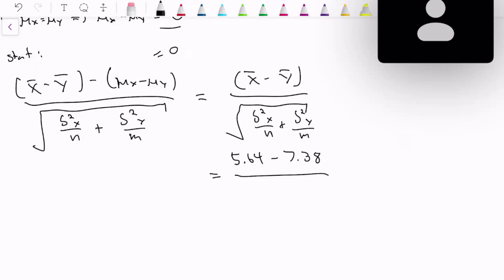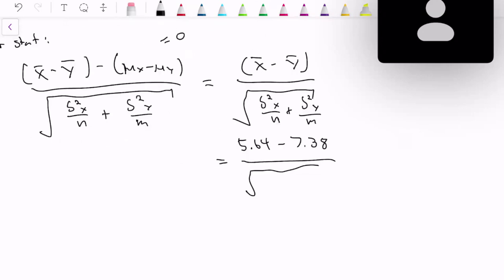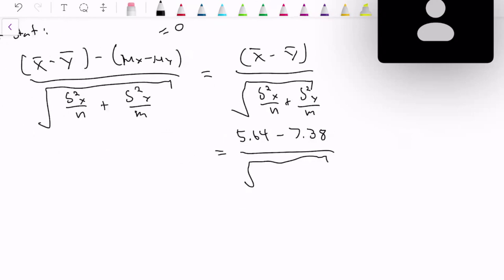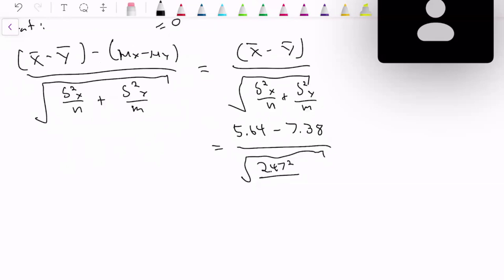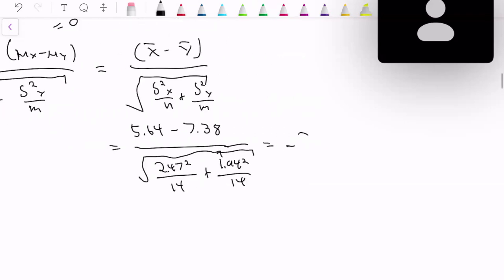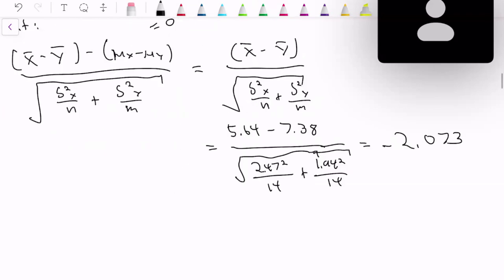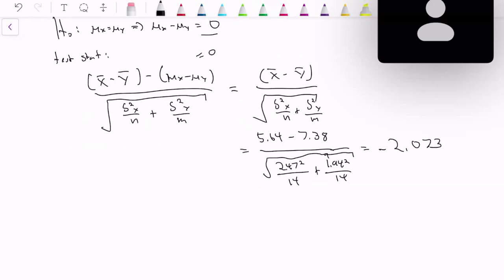You'll probably get the answer correct as long as you put it into your calculator correctly. So again, you'll get negative 2.073.